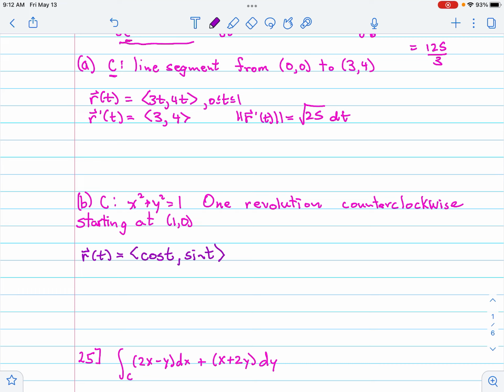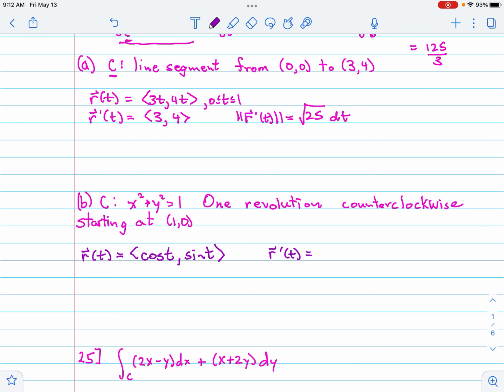Now, this will give you a counterclockwise rotation. If we wanted a clockwise rotation, we could use x to be sine and y to be cosine, but that one starts at 0, 1. So we have to be careful. But anyway, what I need now is the derivative.